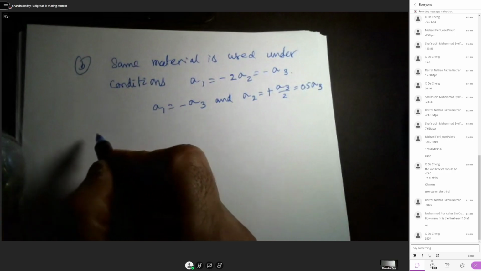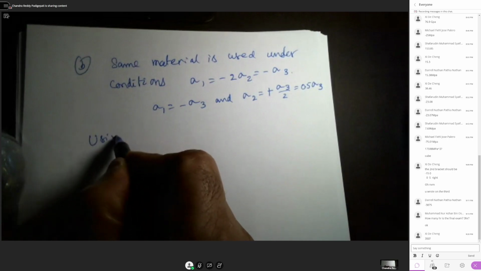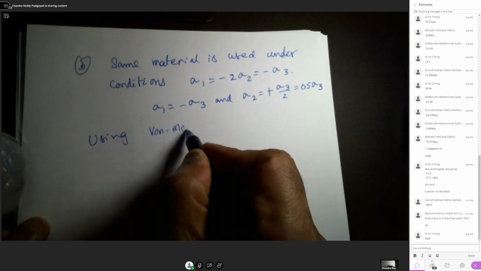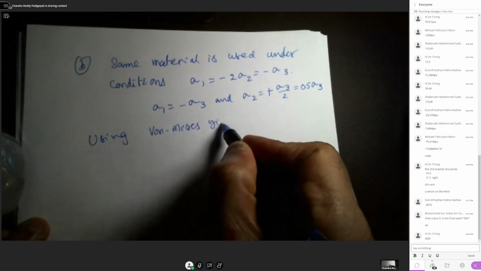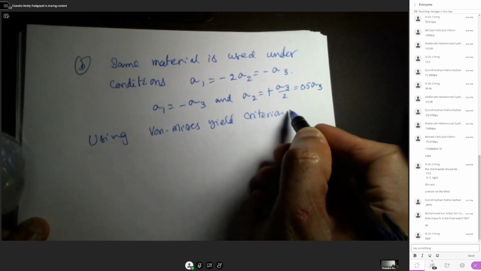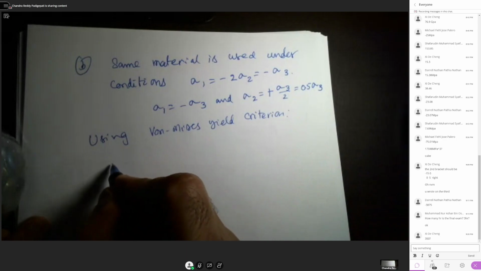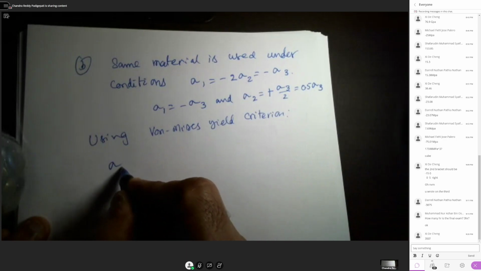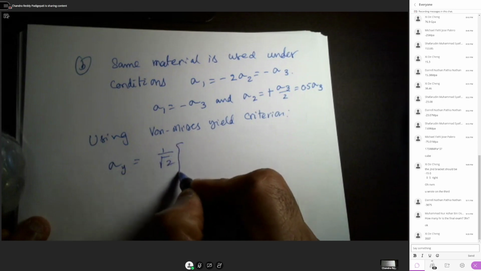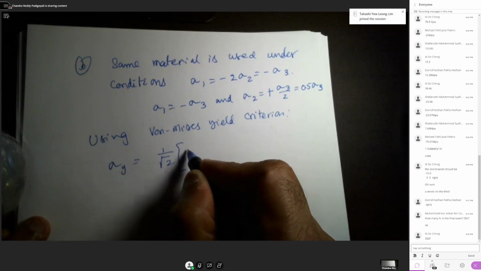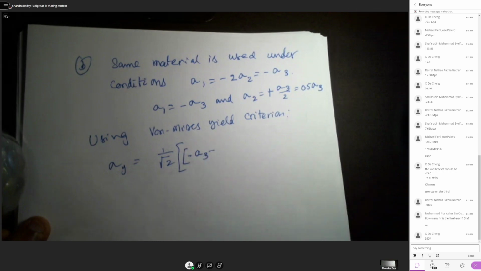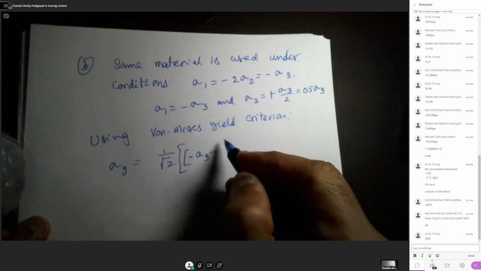Now we can use the von Mises yield criterion: sigma y is equal to 1 over root 2, with sigma 3 minus sigma 1, so you can write sigma 3 minus minus sigma 3.